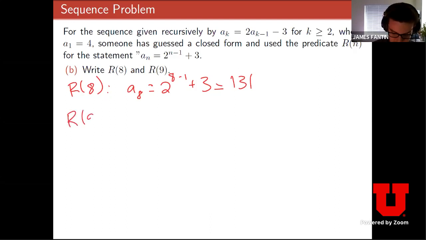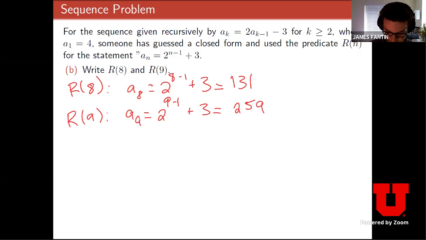And for a9, we just plug into the closed form again. So a9 is equal to 2 to the 9 minus 1 plus 3. So that's 2 to the 8 plus 3, which will give us 259. Just plugging into the closed form formula again, pretty straightforward.